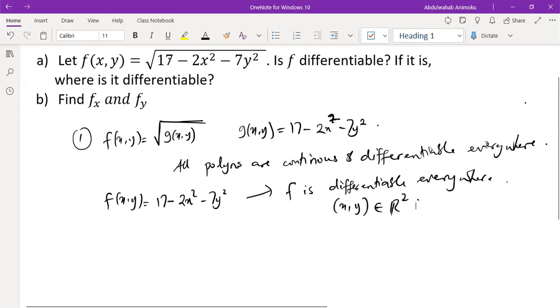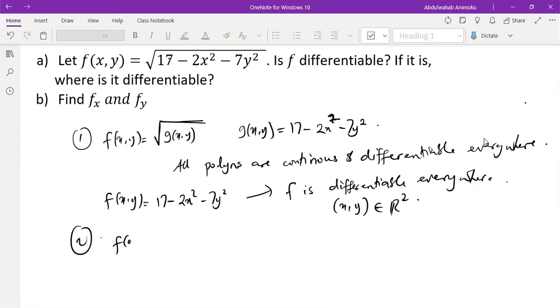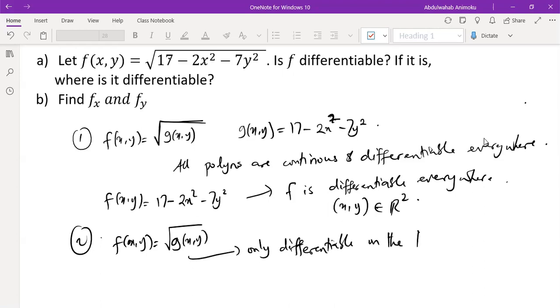But now we have a restriction, which is the square root. That tells us that this function f of xy, which is the square root of g of xy, is only differentiable on the domain of f.